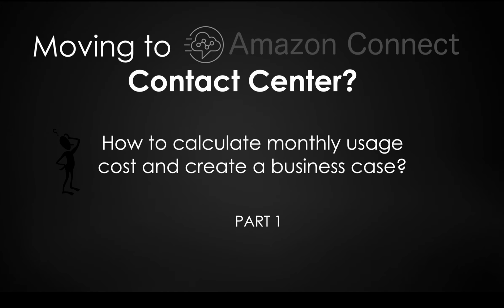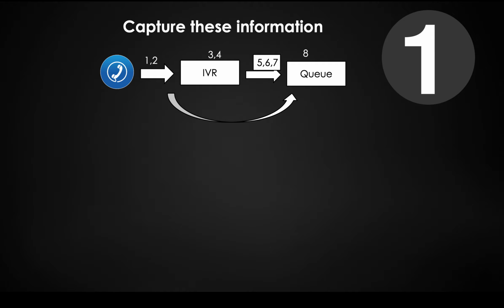So think about your contact center having a lot of toll-free numbers, or maybe one toll-free number, depending on the organization size. When customers call the toll-free number to connect to your call center, they could either use the IVR to do self-service or talk directly to an agent, which means the call will be transferred to a queue.